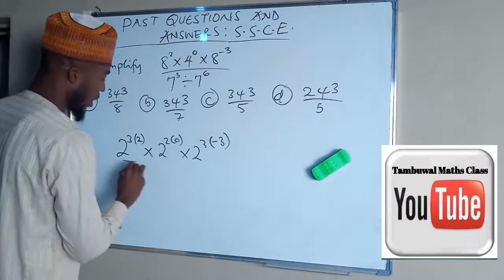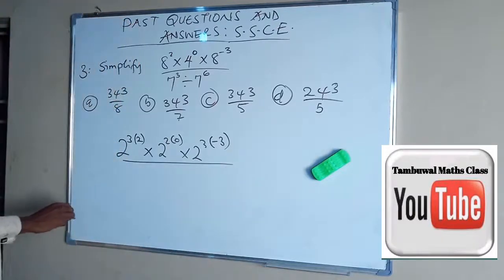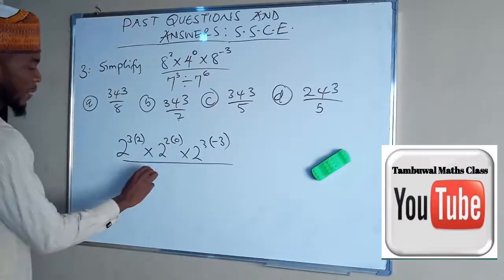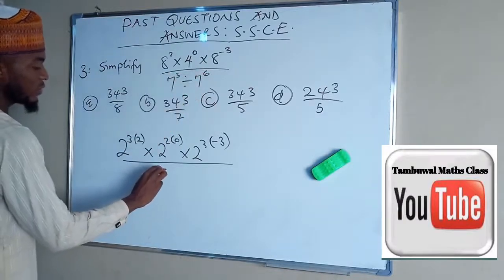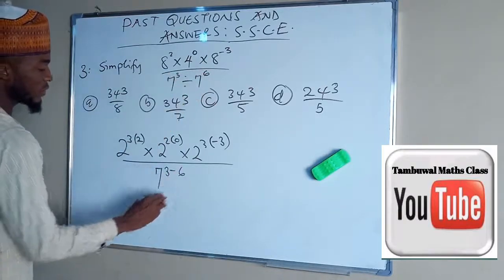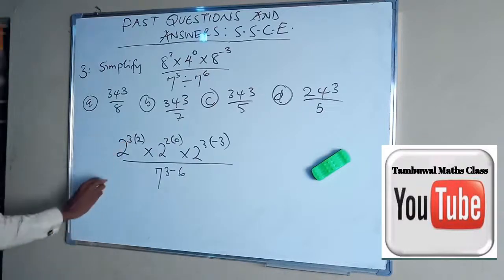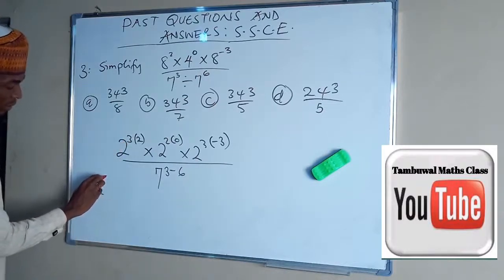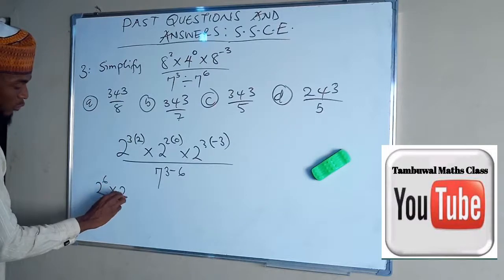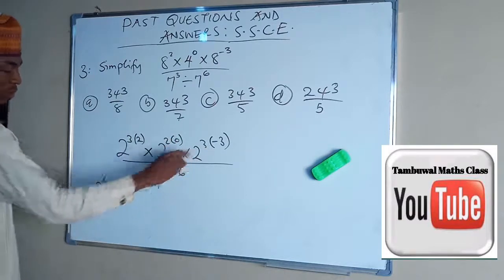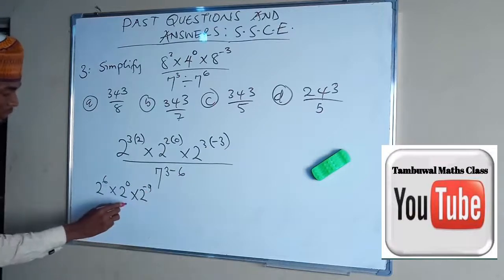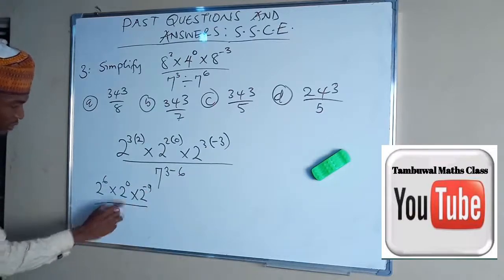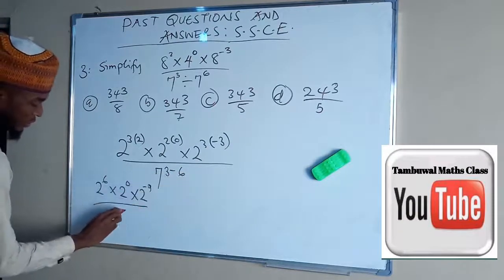And the numbers at the denominator already have the same base. So we just subtract the index, which is 7 raised to the power of 3 minus 6. This is 2 power 6 times 2 power 0, because 2 times this is 0, and times 2 power negative 9, all divided by 7 raised to the power of this minus this, which is minus 3.